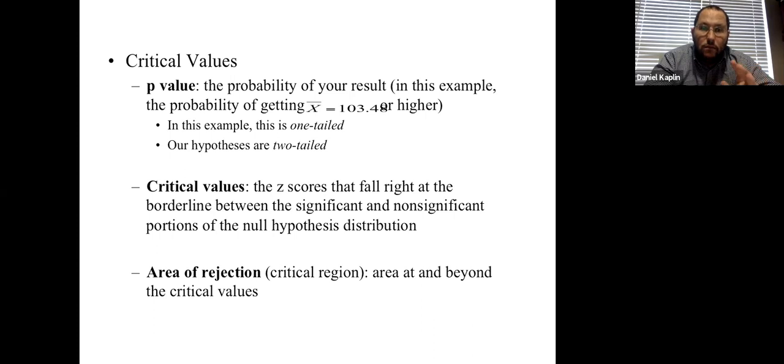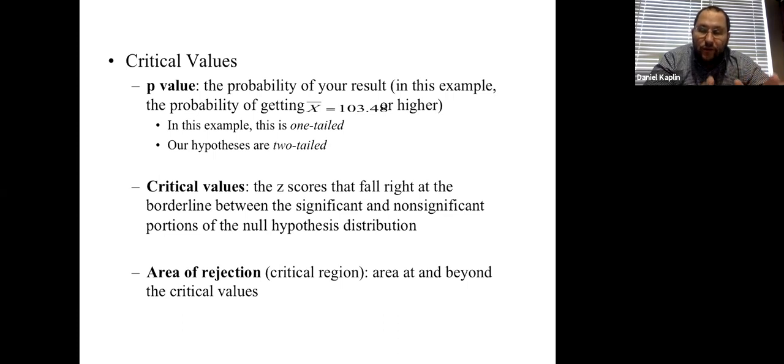So if we wanted to know if our IQ was significantly greater, this would be a one-tailed test, right? But when you don't know whether you should be assuming a one-tailed test or a two-tailed test, always assume two-tail. The standard is two-tail. In fact, SPSS, its default is two-tail.